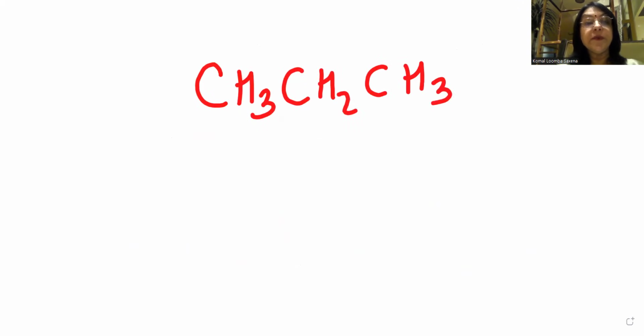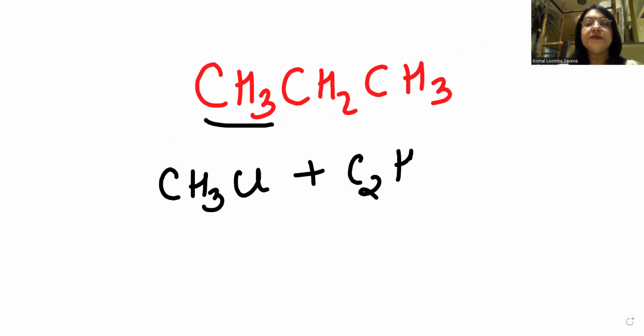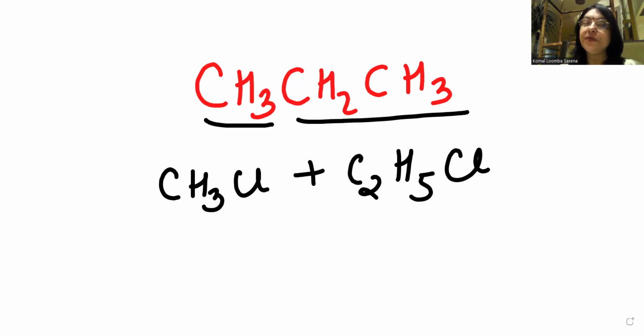Now to prepare a propane molecule, I will have to use 2 different alkyl halide molecules. Like I have to use CH3Cl, that would take care of CH3, and then I have to use C2H5Cl, which will take care of the CH3CH2 part.